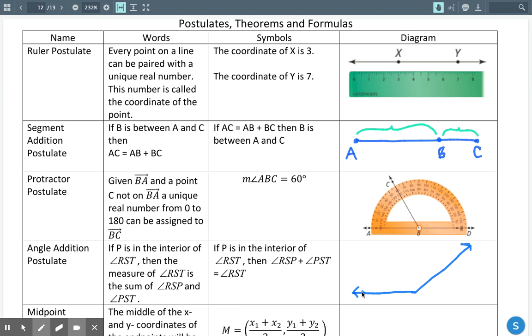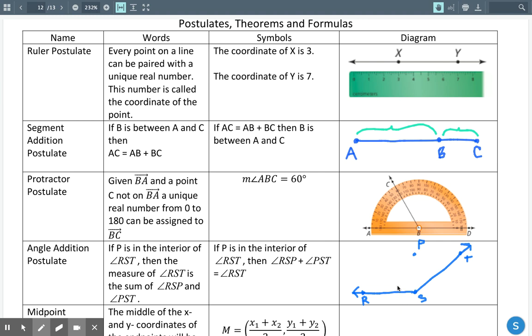So R, S, T. Okay. And point P is in the interior somewhere. Let's say here. All it's saying is it doesn't matter where point P is, but it's somewhere in this angle.